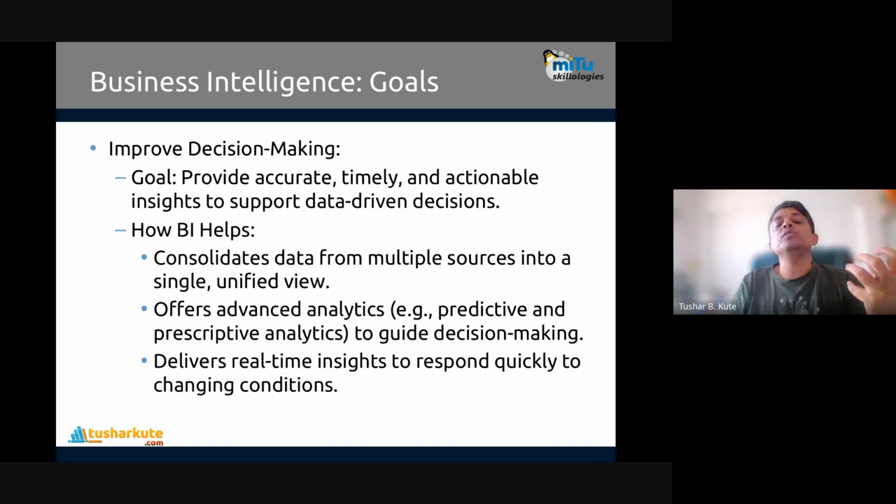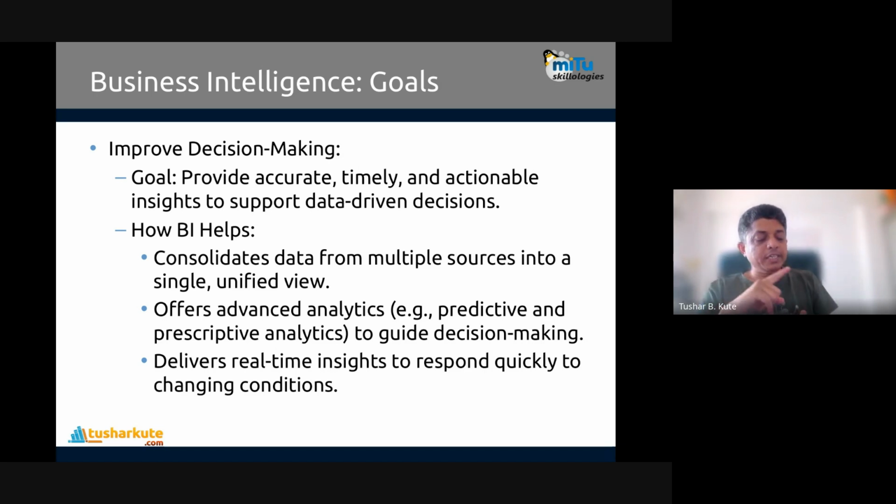And prescriptive means if something has happened, we can suggest a course of action. That's also possible here. So these are the decision making, the first goal. BI can also help deliver real-time insights to respond quickly to changing conditions.